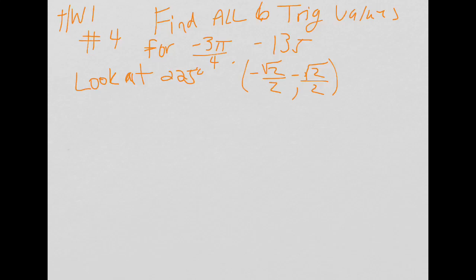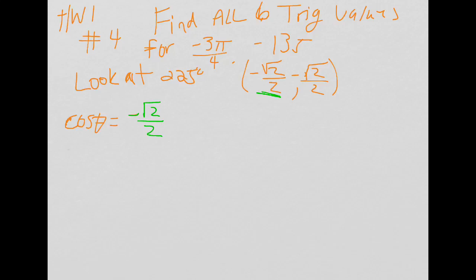So then I just got to do the 6 trig values. First one, we'll do cosine first. The cosine is just the x value. It's negative root 2 over 2.